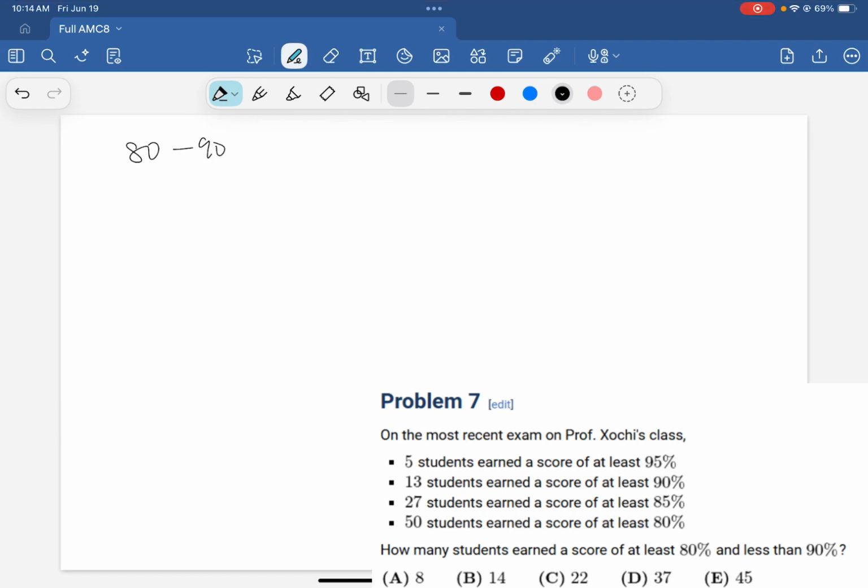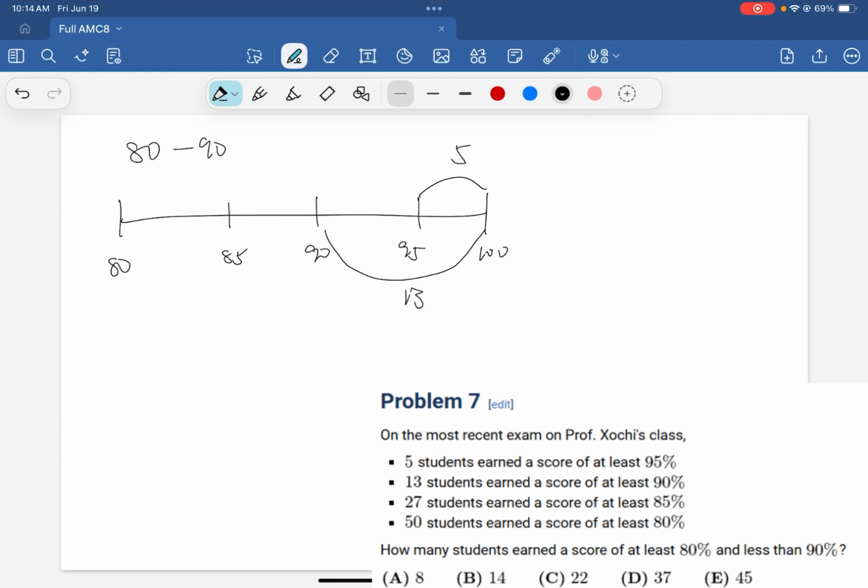So let's just make kind of a diagram. This is like a number line of all the scores. So 80, 85, 90, 95, 100. 5 students are in this region. 13 are in this region. 27 are in this region.